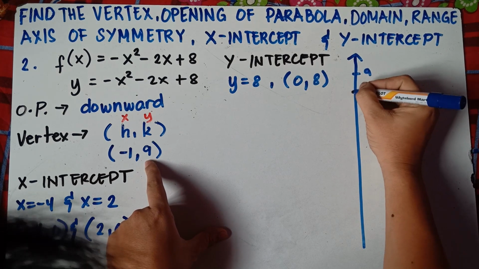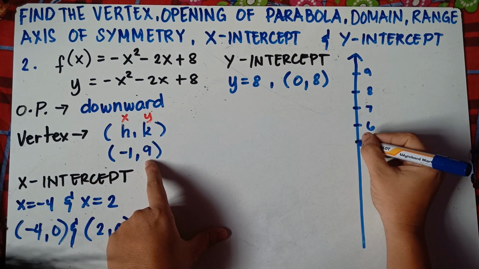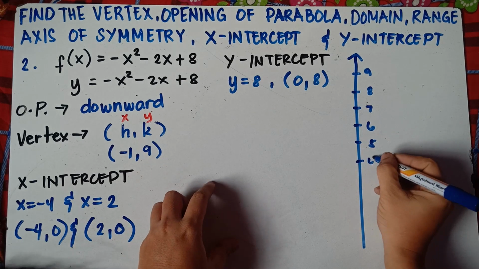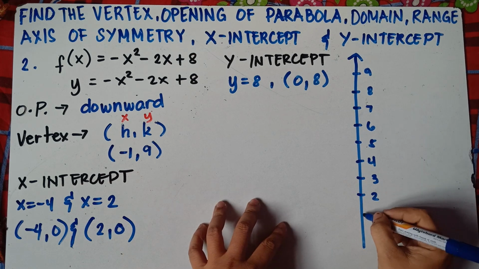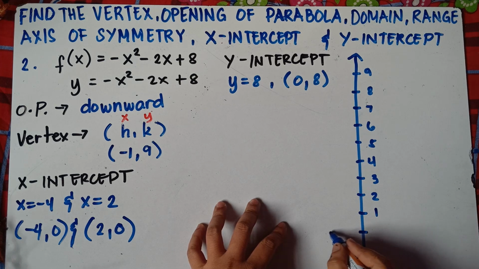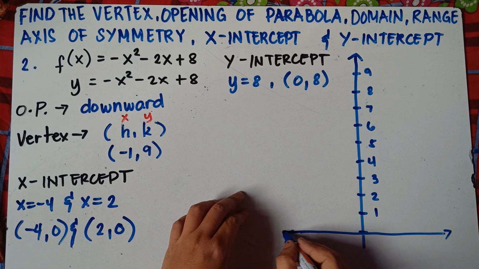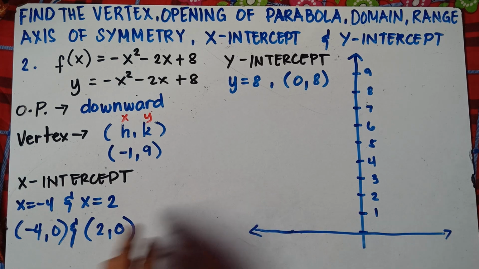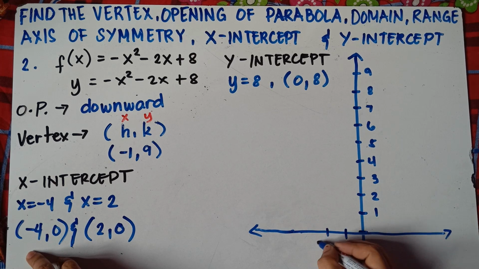So 9, 8, 7, 6, 5, 4, 3, 2, then 1, then this is the center, class, 0, 0. I hope you see this one, class. So our x is negative 4 for the lowest, then negative 1, negative 2.